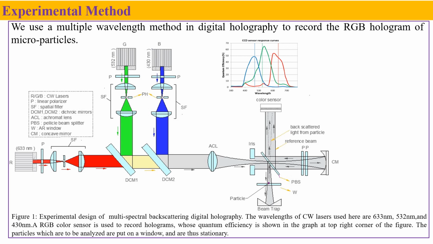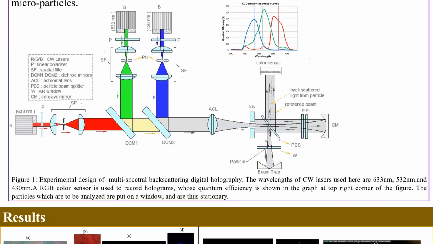We choose our lasers in such a way that the crosstalk between the lasers in the Bayer filter of the CCD is minimum. Here the particles are placed on an anti-reflection window, named W in the figure, and thus the particles are stationary.